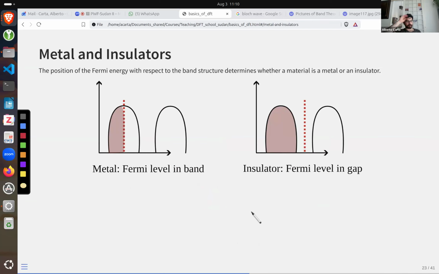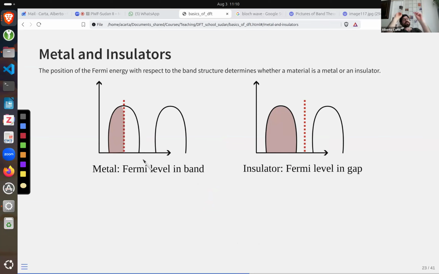So, metal versus insulator. As you were asking before, what distinguishes a metal from an insulator? The answer is actually quite easy. It depends on the position of the Fermi level compared to the rest of the band. If the Fermi level is in the middle of the band, then the material is metallic.